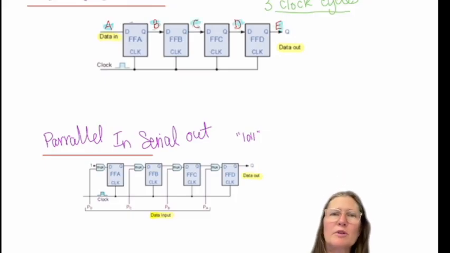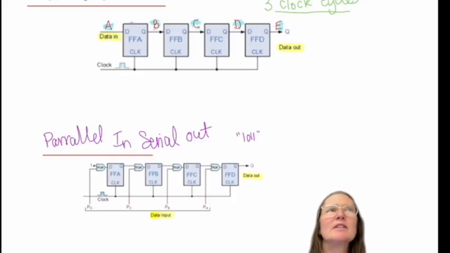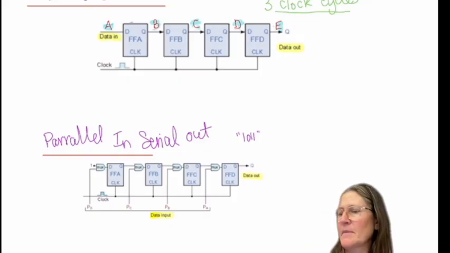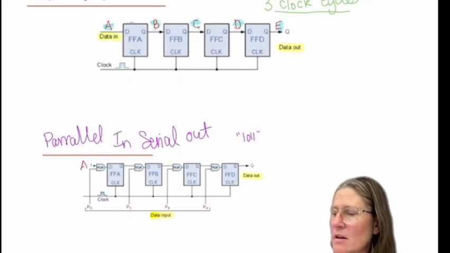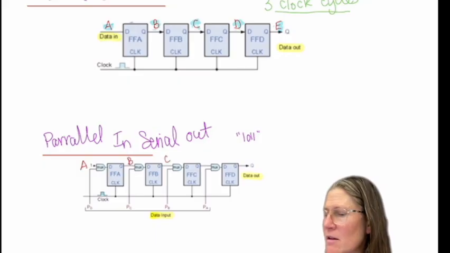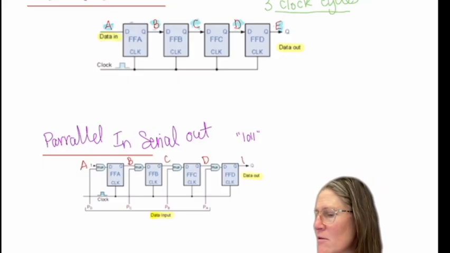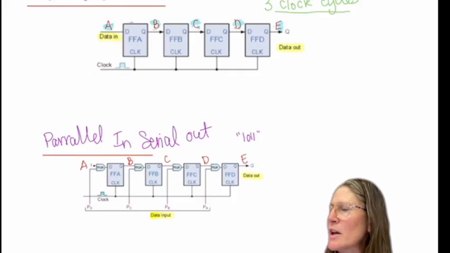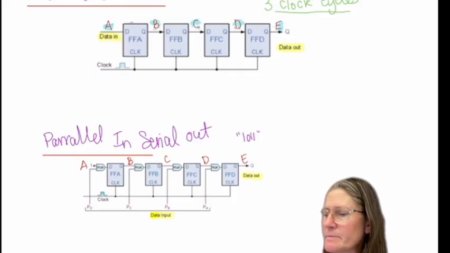So, in other words, what will I find on A, B, C, D, and E on this one? And then what will be on A, B, C, D, E on this one?